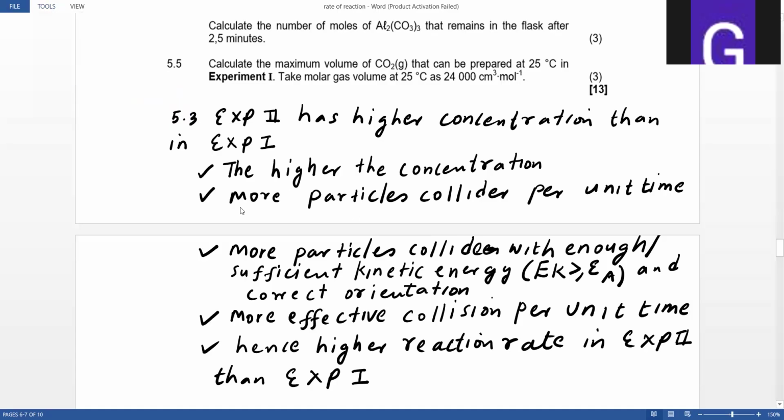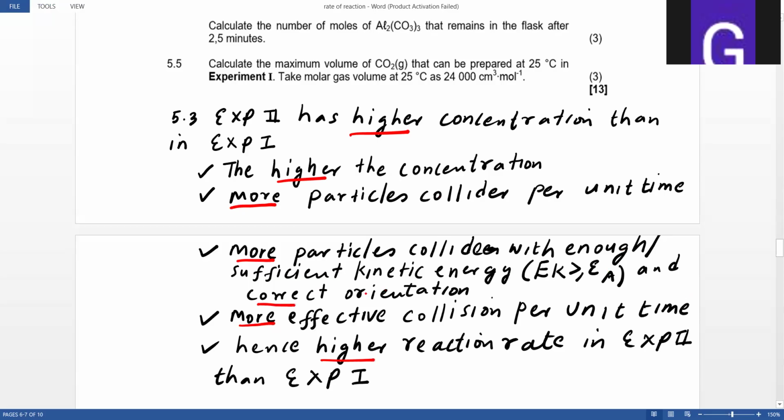So it's very important to talk about this. In the context of, maybe starting with experiment 1, if you say experiment 1 has lower concentration than experiment 2, it means the lower the concentration, fewer particles collide per unit time, and fewer particles collide with sufficient kinetic energy and correct orientation.